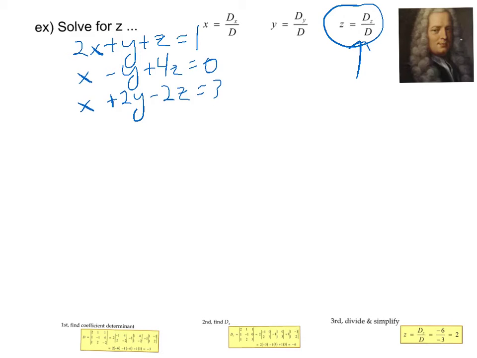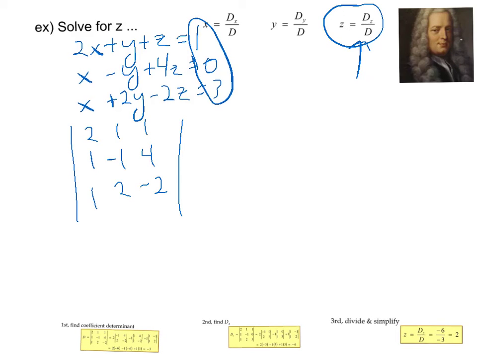The coefficient determinant is this: 2, 1, 1, 1, negative 1, 2, 1, 4, negative 2. And the answer matrix would be this: 1, 0, 3. Well, let me take that back. We're not really finding the determinant of that. That's the matrix, and we're going to be substituting that in. So let's call it a matrix.